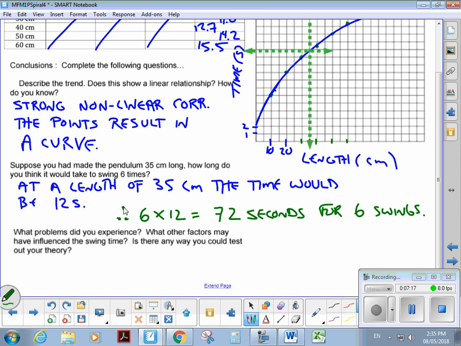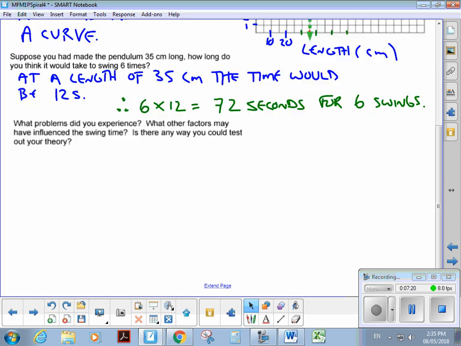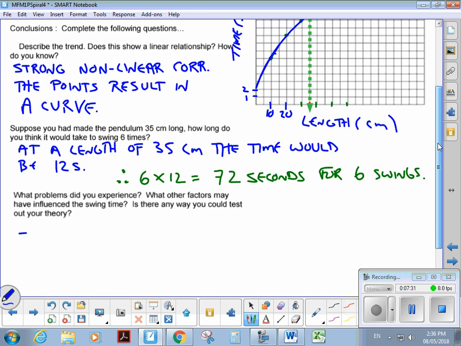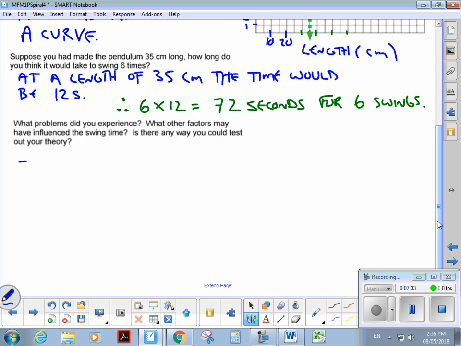So this is just talking about, and this is tricky when you didn't do the experiment, what the problems are when you do an experiment like this. All right, these points, the numbers up above here, I took from an entire class. So some of the problems that we run into are human error. All right, and that's around the timer. You can only hit that button at the right time each time, so there is human error involved.